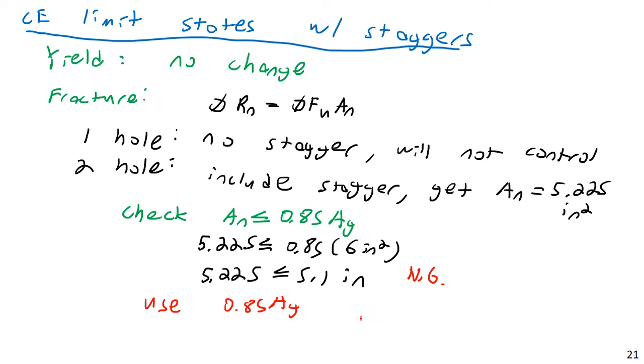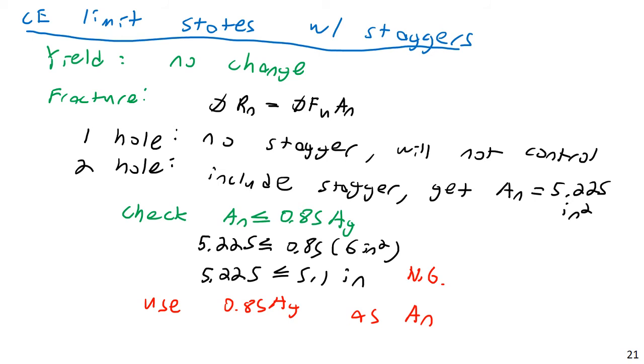So for connecting elements as AN, again for connecting elements, we calculate the net area however we would, but we have an upper limit. We have to make sure that our net area, however we calculate that on our connecting element, never exceeds 0.85 or 85% of the gross area.